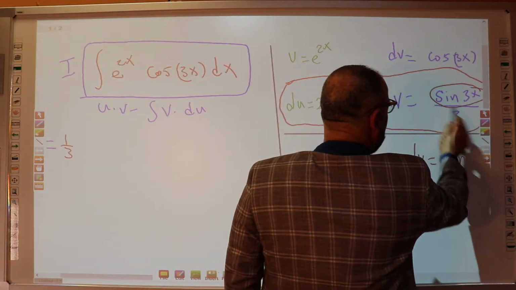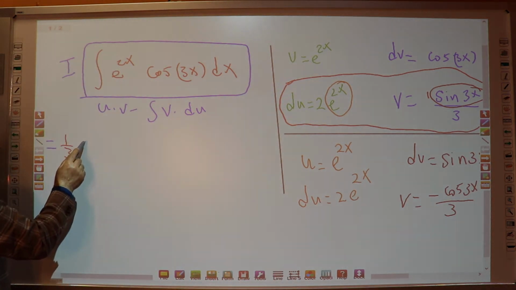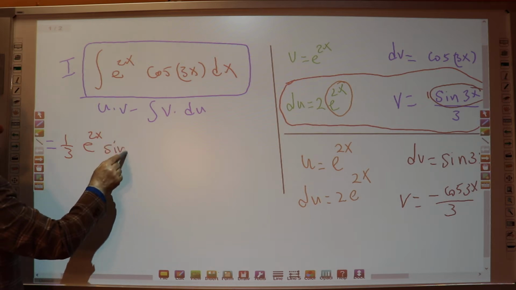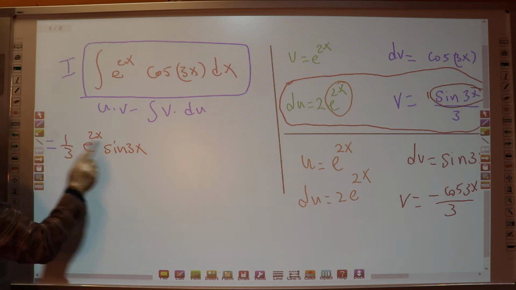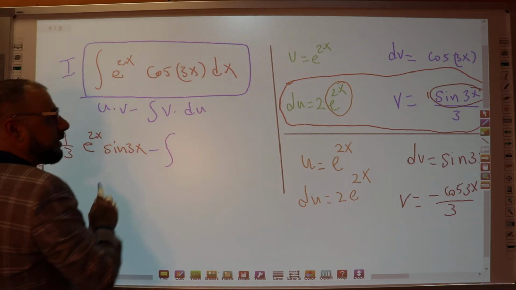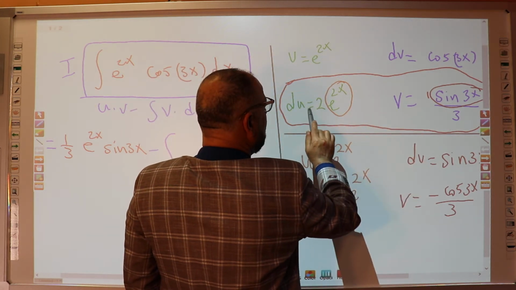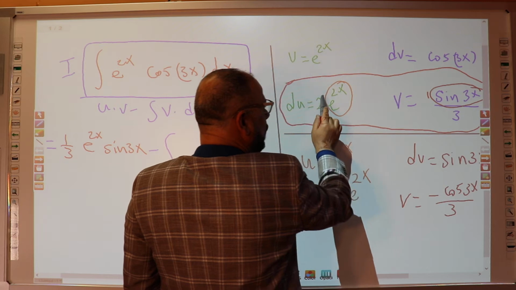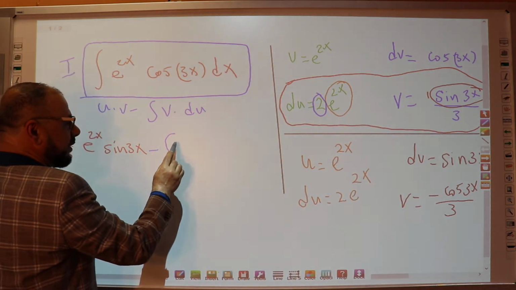You see that, guys? 1/3 e to the 2x sine 3x minus the integration of v du. We have 2 here and 3 here, 2/3.